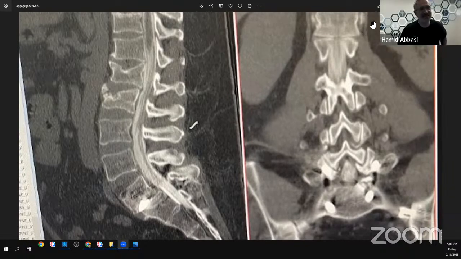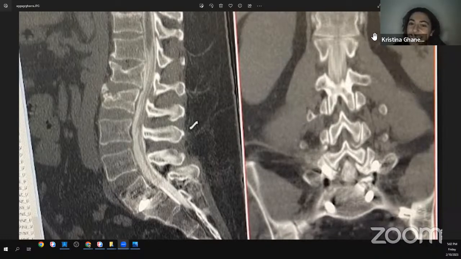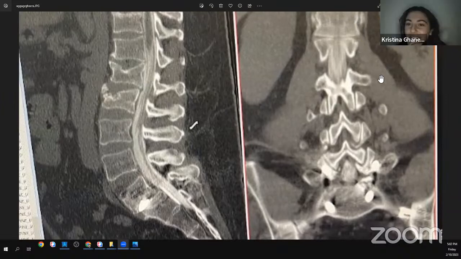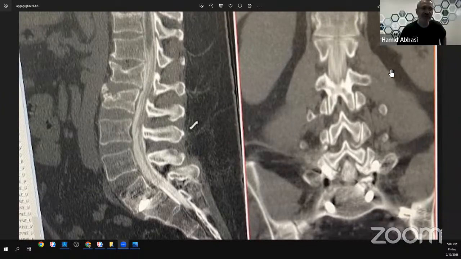What is this here? You see that? This is the kidney. Those are the spine and the iliopsoas muscle starting. But there is a layer of something that is not very dense between the kidney and the rest of the tissue, something that goes around the kidney. Do you know what that is?